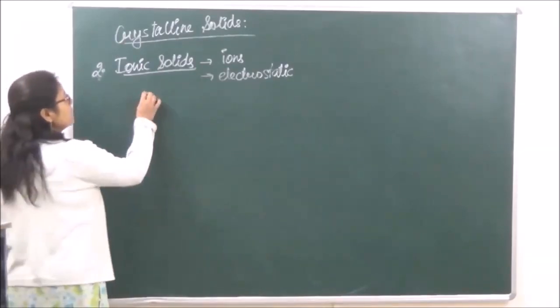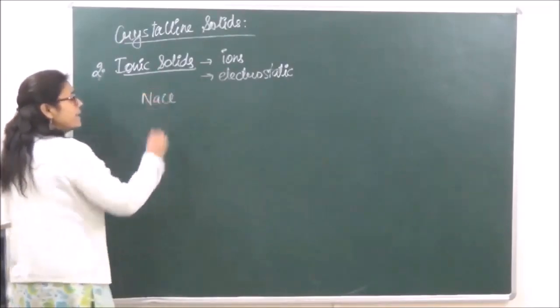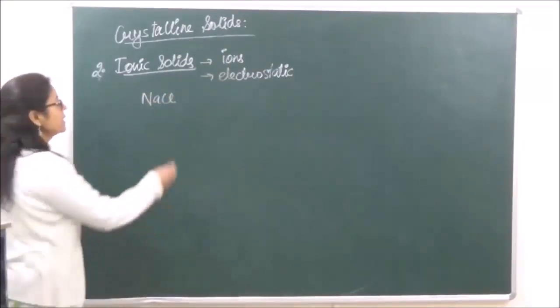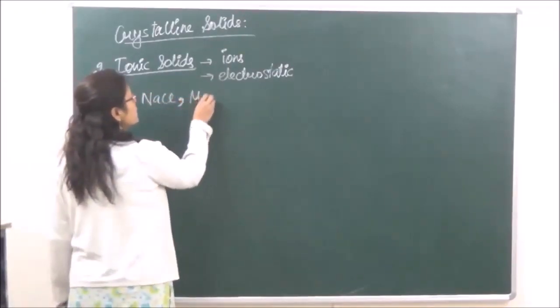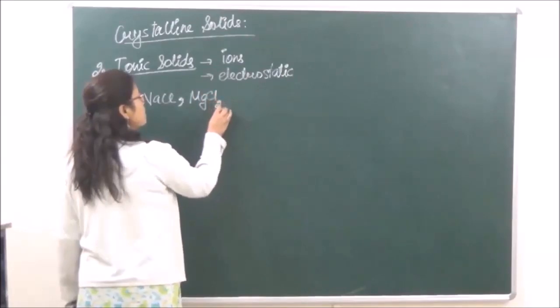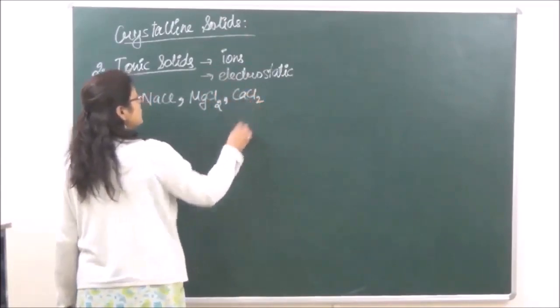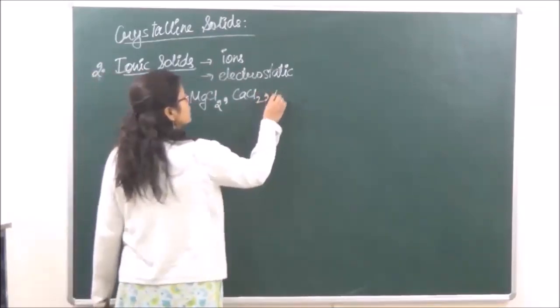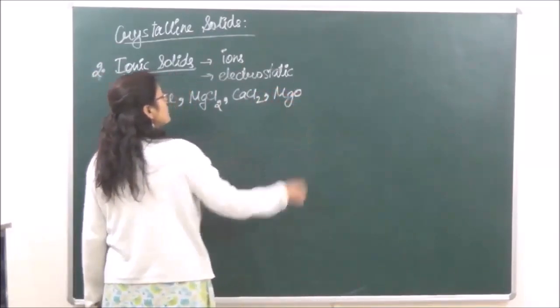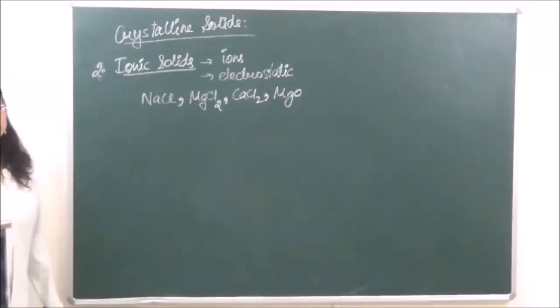For example, NaCl, sodium chloride, magnesium chloride. These are a few examples of ionic solids.